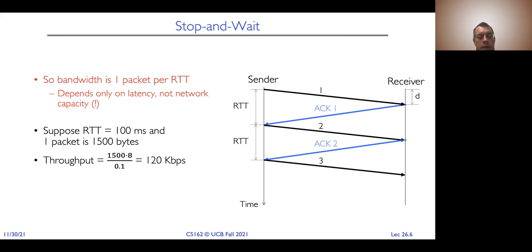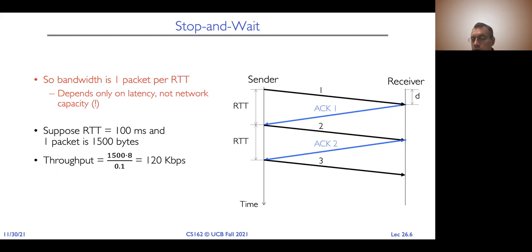Now, let's do something a little bit more complicated. In this particular case, what is the throughput in terms of the number of bytes, not in the number of packets, like I asked you a little bit earlier.